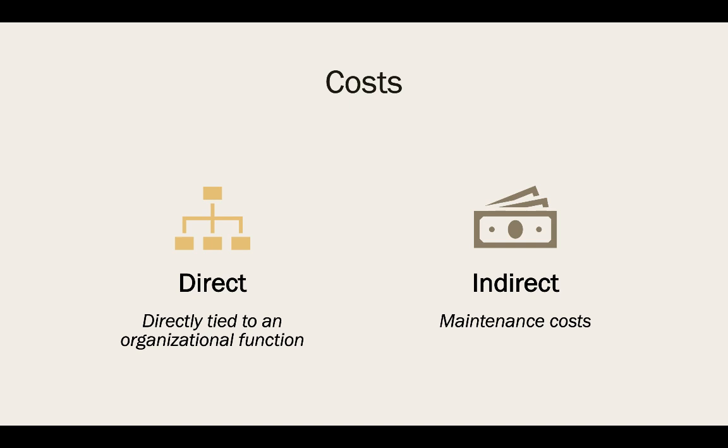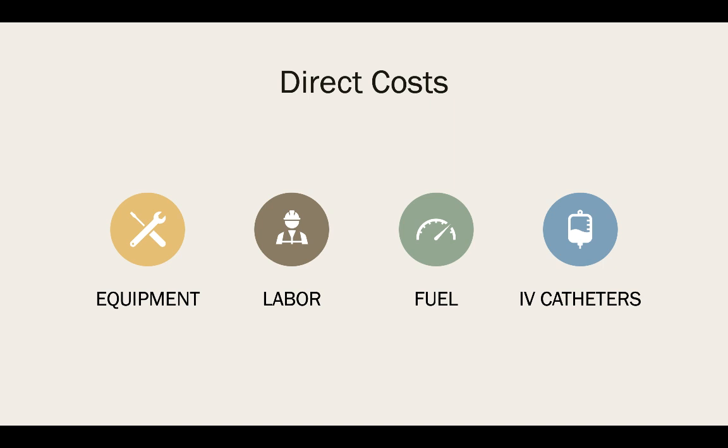So it's not directly attributable or directly applied to running a call, but it's an indirect cost that kind of goes into maintenance. So our direct costs, we think equipment, labor, maybe fuel. We get down into it, IV catheters.